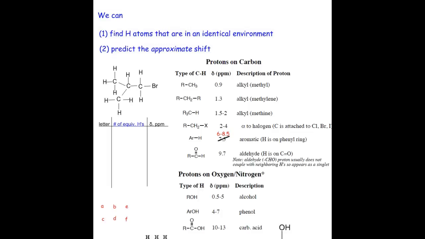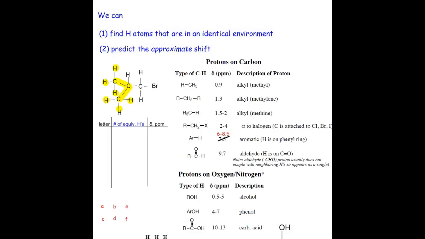So to figure out which hydrogens are identical, I'm going to take a look at this model right here, first molecule, and I'm going to say that these 6 hydrogens are identical because they're all CH3s, both coming off the same carbon.